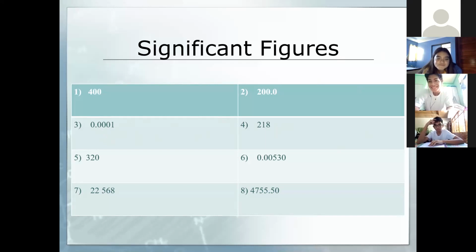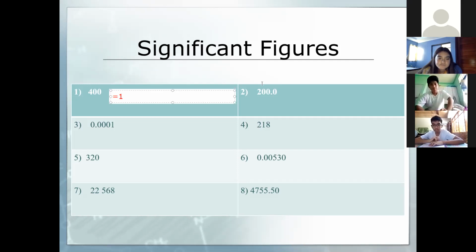Yes, sir. 3. Number 5, Vince, how many significant digits are there in number 5? The answer is 2. 2 only.